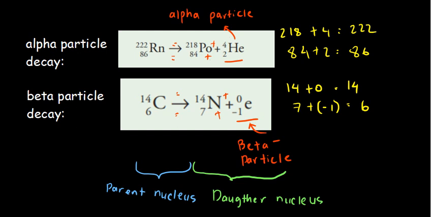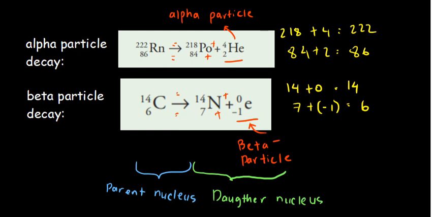So Rn has a charge of 86. 86 minus 2 is going to be 84. So Po, the new nucleon number, is going to be 218. The bottom charge is going to be 84. And to check easily, 2 plus 84 is going to be 86.